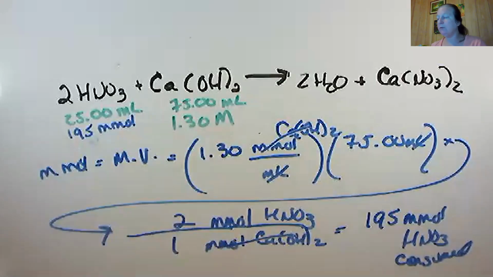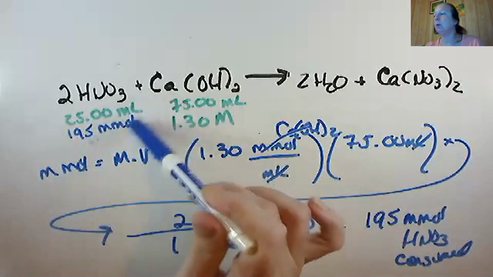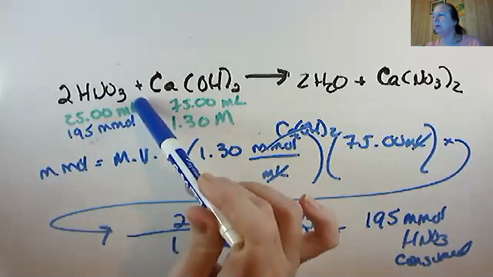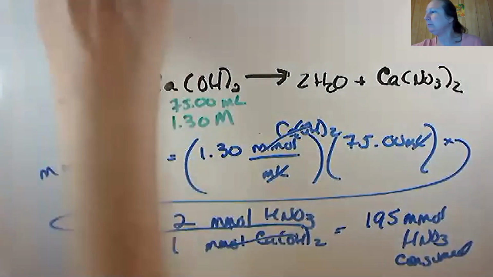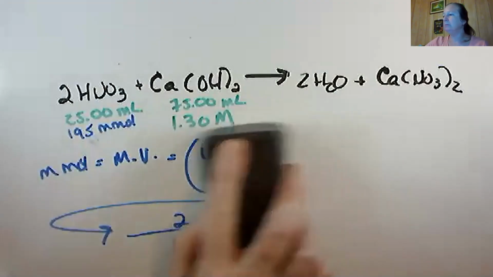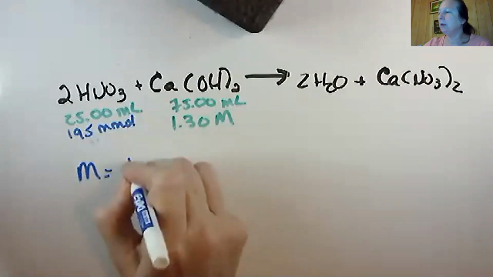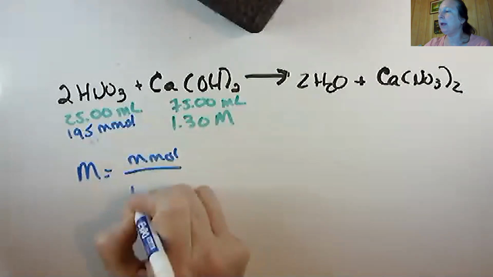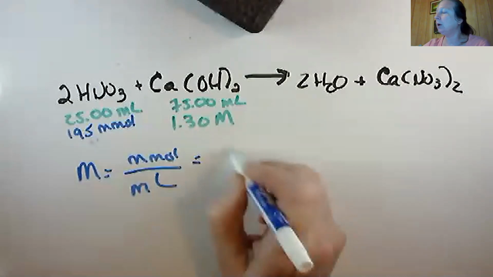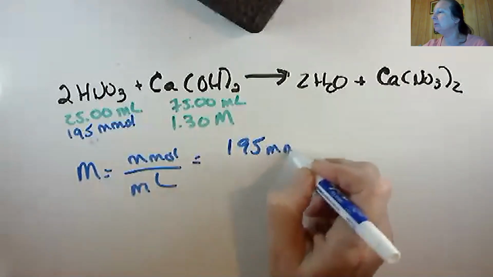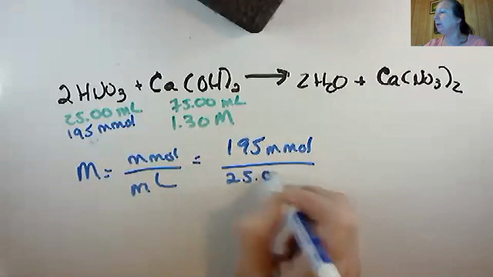Well, now I can find the concentration because I need the moles of solute, in this case, the acid used, divided by the volume, and I have both of those. And again, as long as you have milli in the top and the bottom, you can do this. I have 195 millimoles and I have 25.00 milliliters.